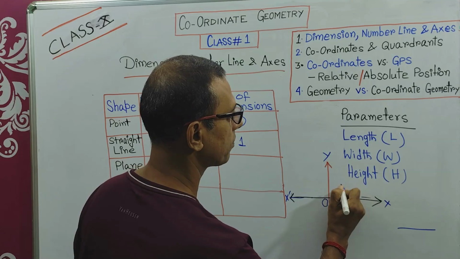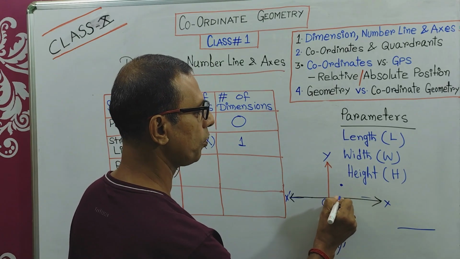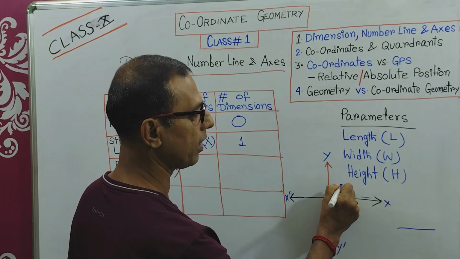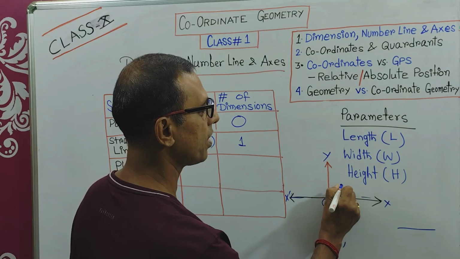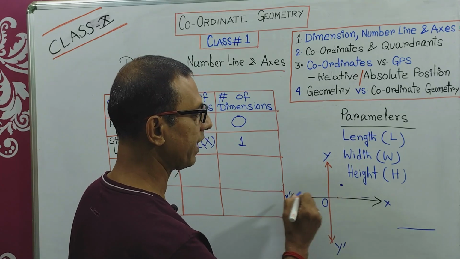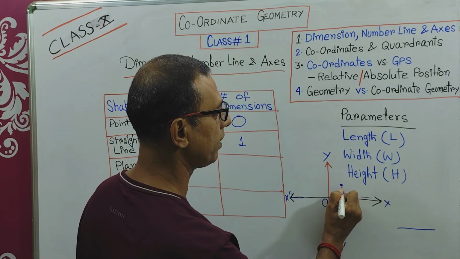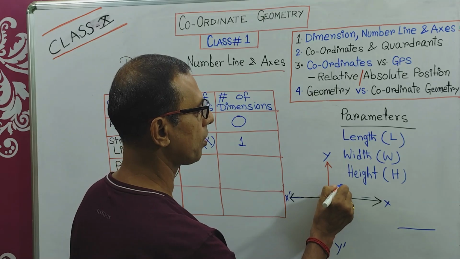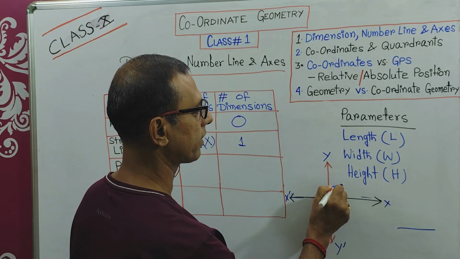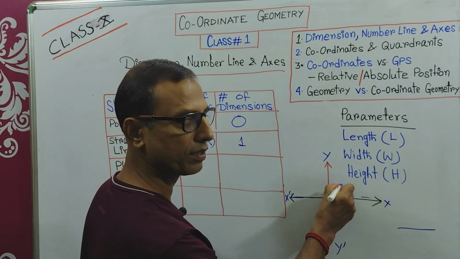If there is a point, what is the position of that point? It is not only on the x-axis, it is at this point where you need to measure on a graph paper. If you have the x-axis and y-axis, and the point is here, you need to draw a perpendicular on the x-axis and a perpendicular on the y-axis. So this point is the position of the point.